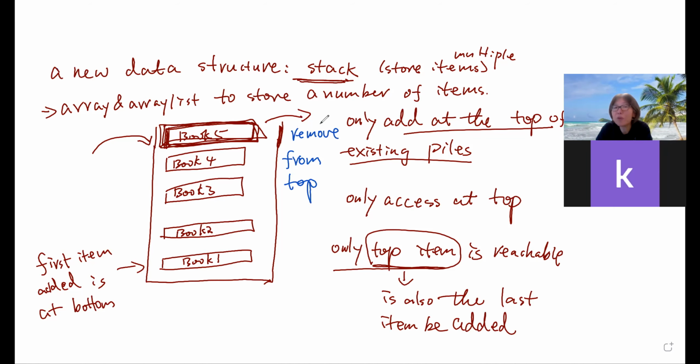Whenever we do remove, we also remove from the top, not from the bottom. Only after you remove the top, then when you reach the bottom item, you can remove it. And the first item added at the bottom means it is the last one to be removed.